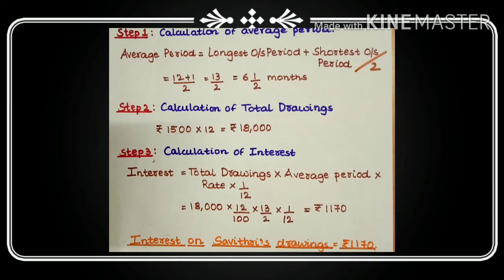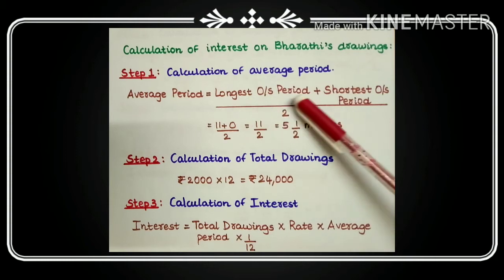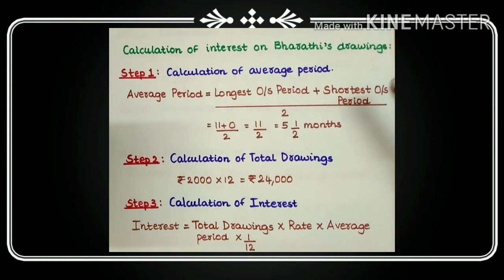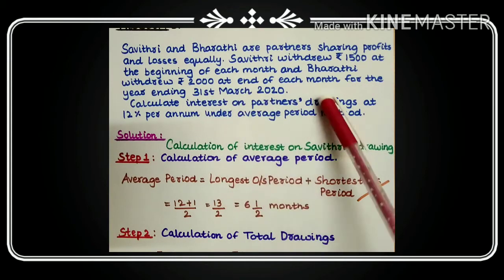Now we have to calculate interest on Bharati's drawings. Calculation of average period. The formula is longest outstanding period plus shortest outstanding period divided by 2. Bharati withdrew how much? 2000, at the end of each month. End means it is 30th January, and so on till 30th December.